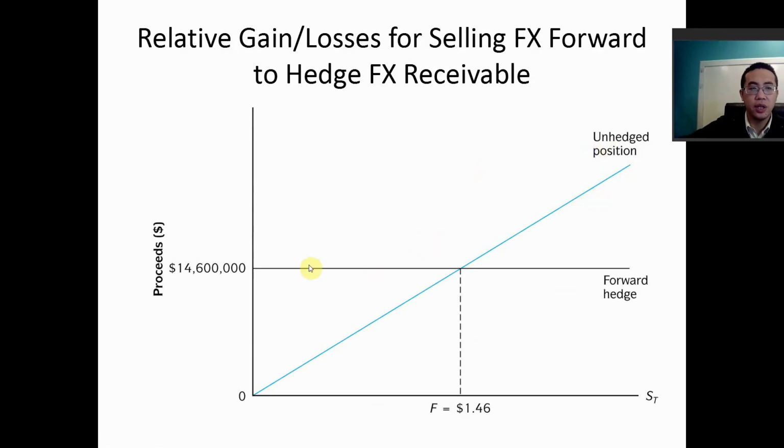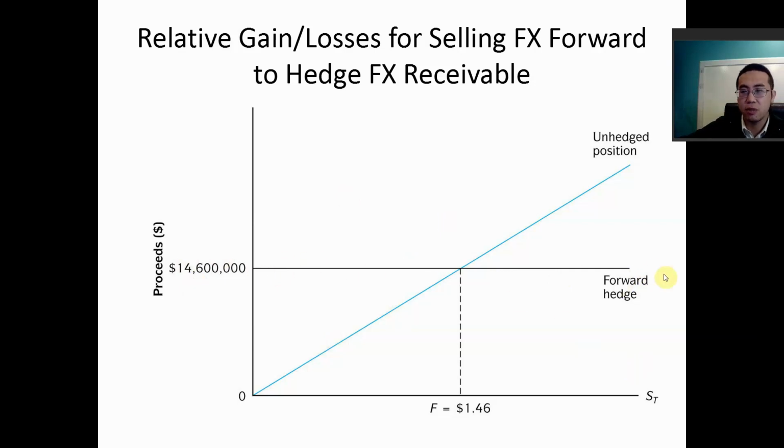What it shows here is if you have, let's say, 10 million pounds to receive, and if you sign a forward at a rate of 1.46, then that 10 million pounds will be 14.6 million US dollars, no matter if the spot rate goes very low or goes very high.